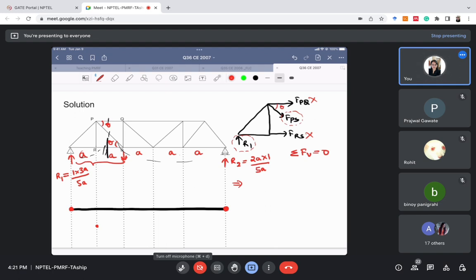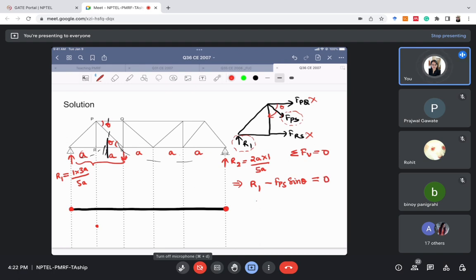So we'll write all the forces. R1 is upward, so I'm writing R1 as positive, and other than that FPS sine theta, but it is in downward direction because its component will be in downward direction, right? Minus FPS sine theta. Any other force in vertical direction? No, right? So it is 0 here.